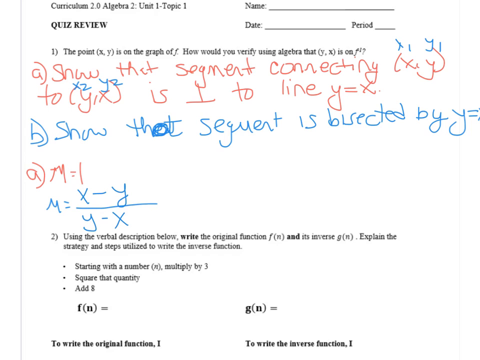And remember, our goal is to get to -1. What I notice in the numerator is we have x minus y. If I can get x minus y in the denominator, anything divided by itself is 1. So what I'm going to do is switch the order. I haven't changed the signs yet, but so that I have x and then y.